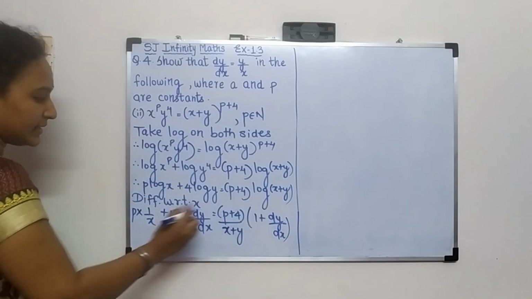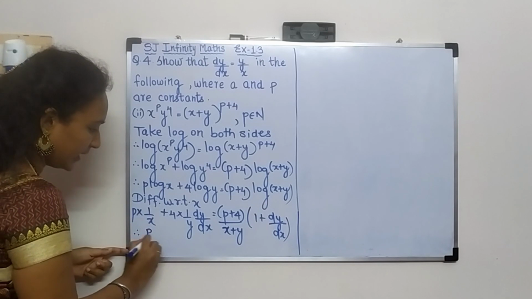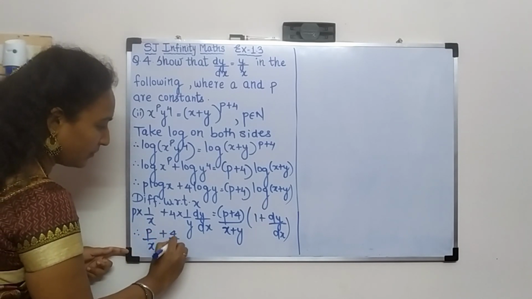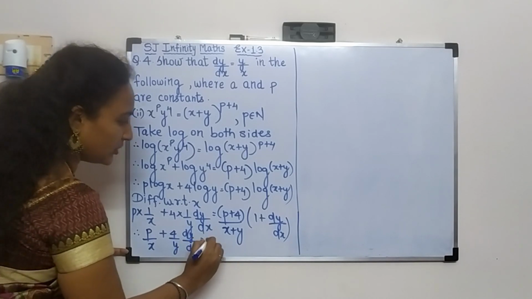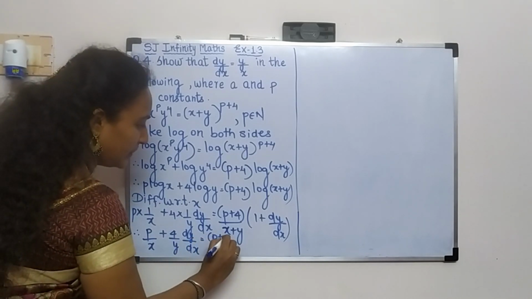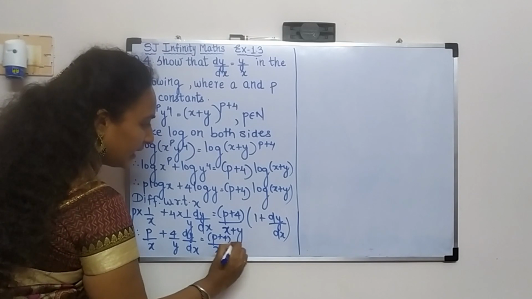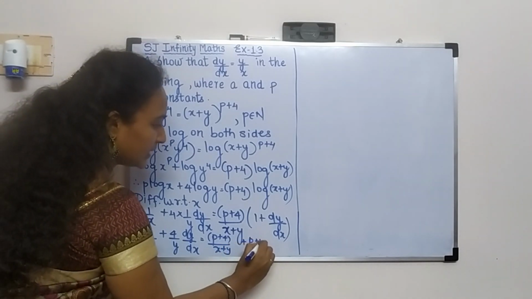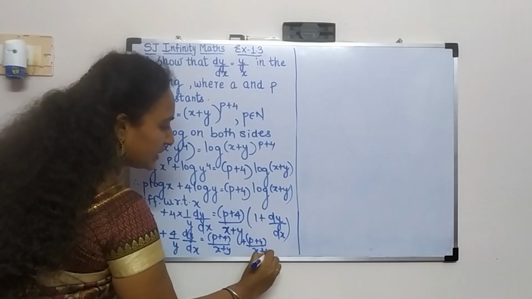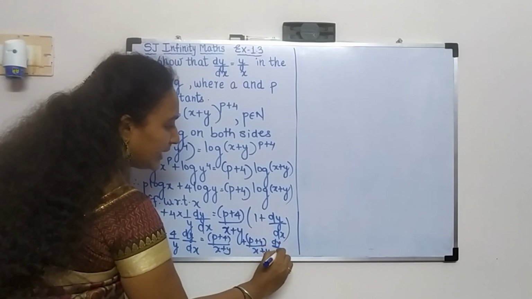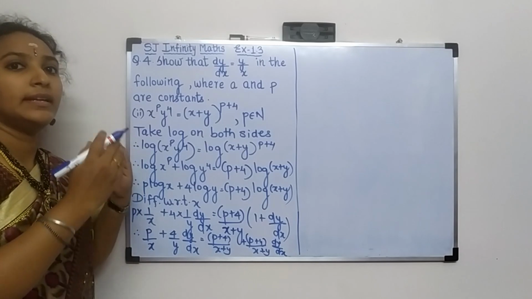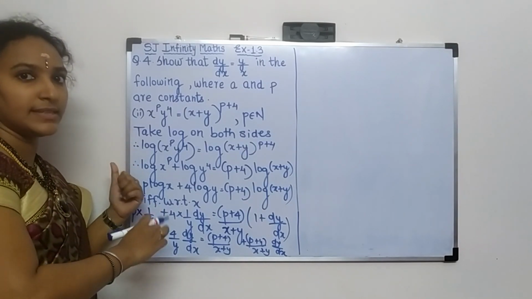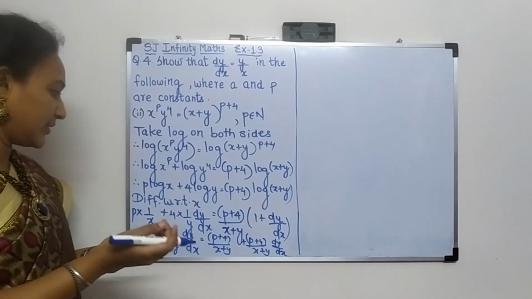Now let us multiply this inside. Therefore, p/x + (4/y) dy/dx = (p + 4)/(x + y) + ((p + 4)/(x + y)) dy/dx. Now it's time for us to collect the dy/dx terms on the LHS, other terms on the RHS.